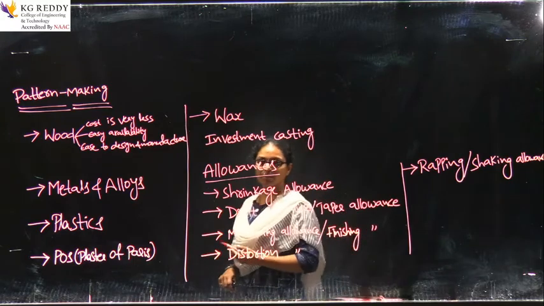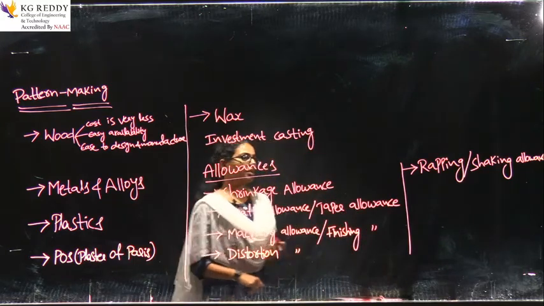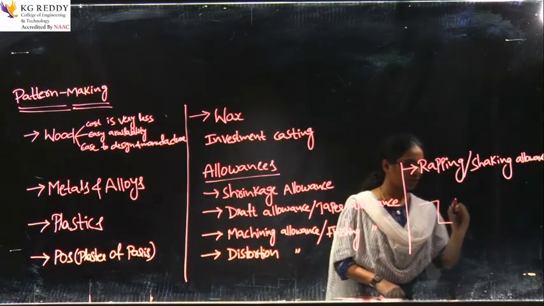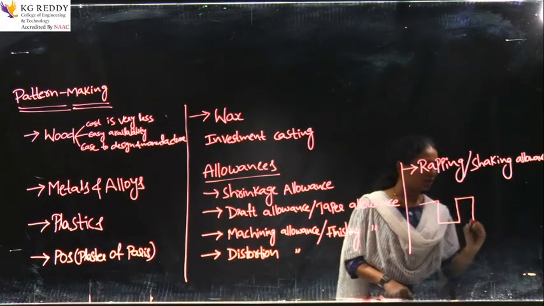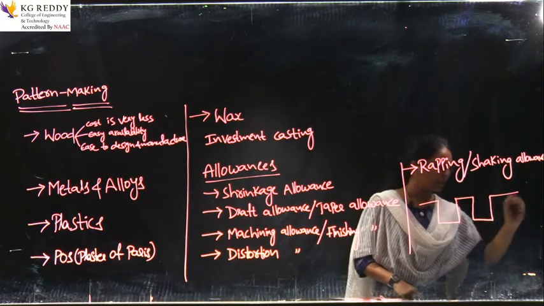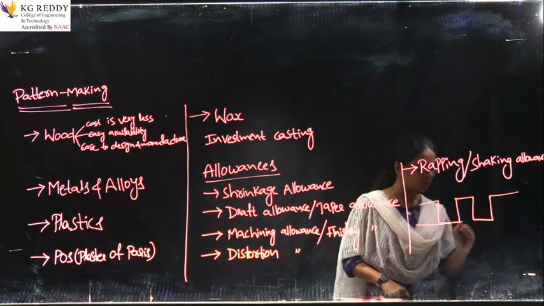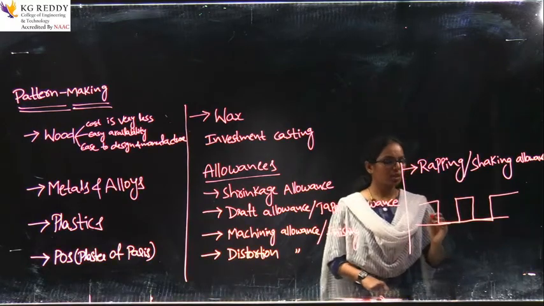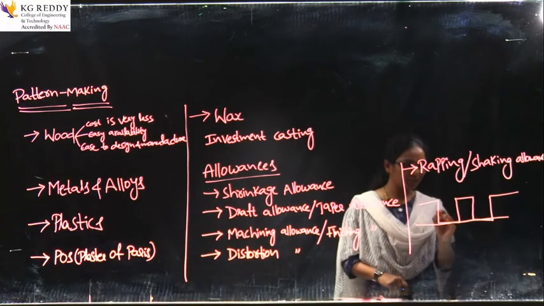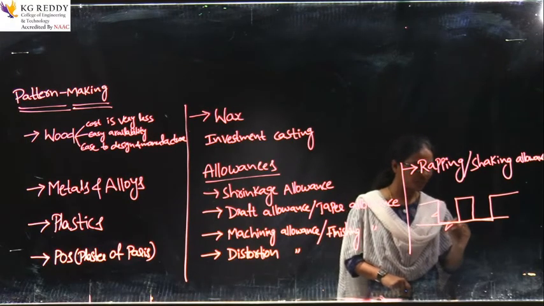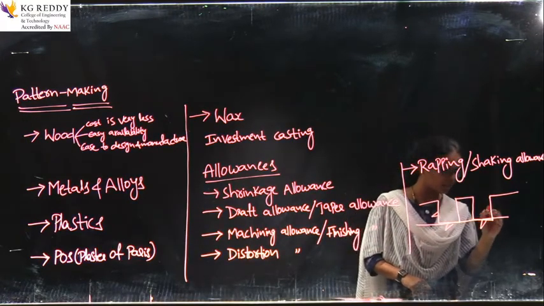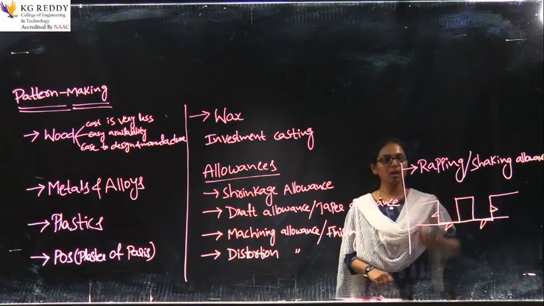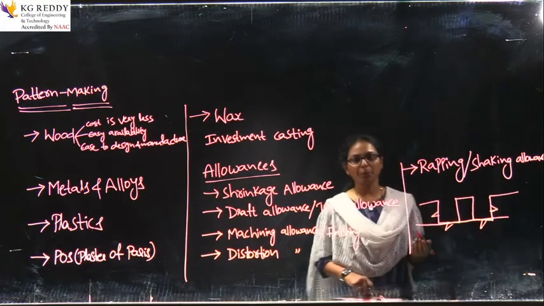Next one is draft allowance or taper allowance. For example, if the pattern surfaces are parallel, these are the parallel surfaces. While removing the pattern from the mold, if the pattern surfaces are parallel, it is very difficult to remove the pattern from the mold.